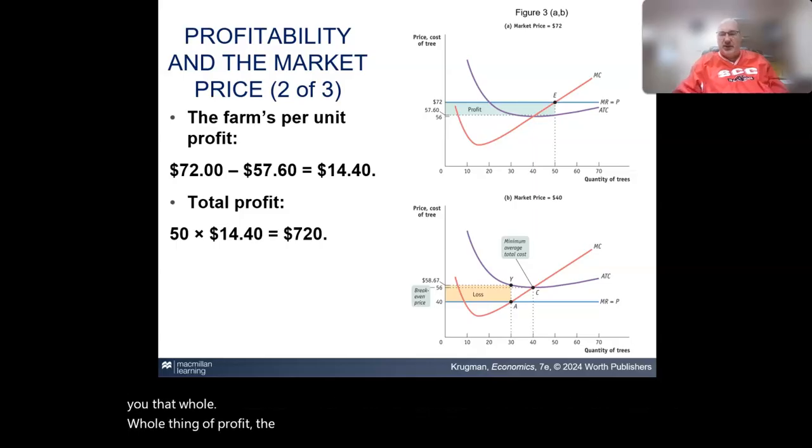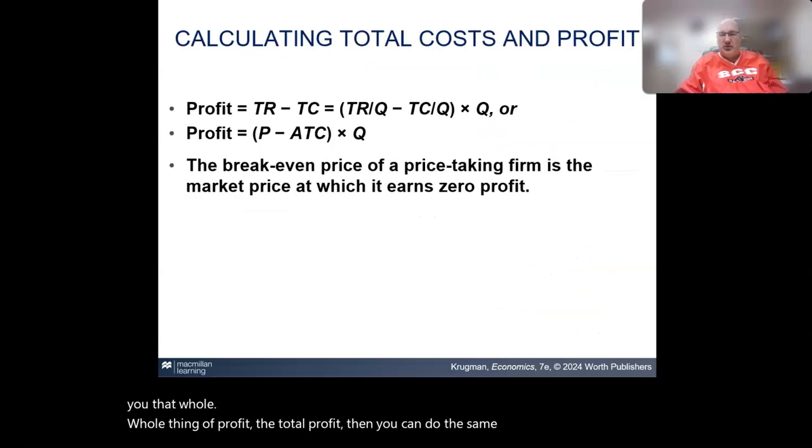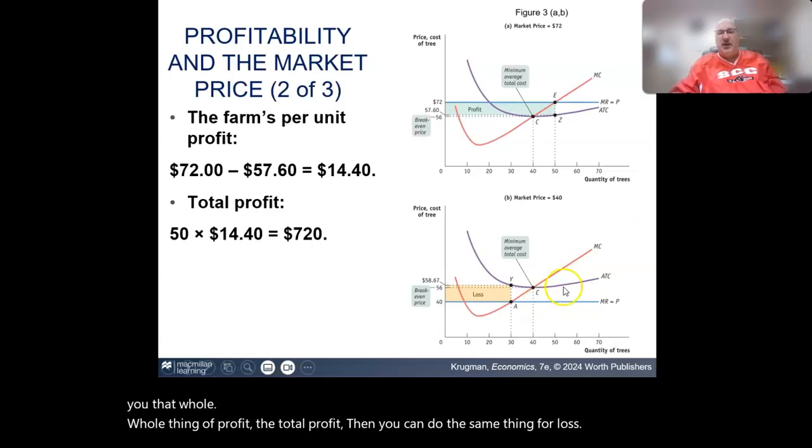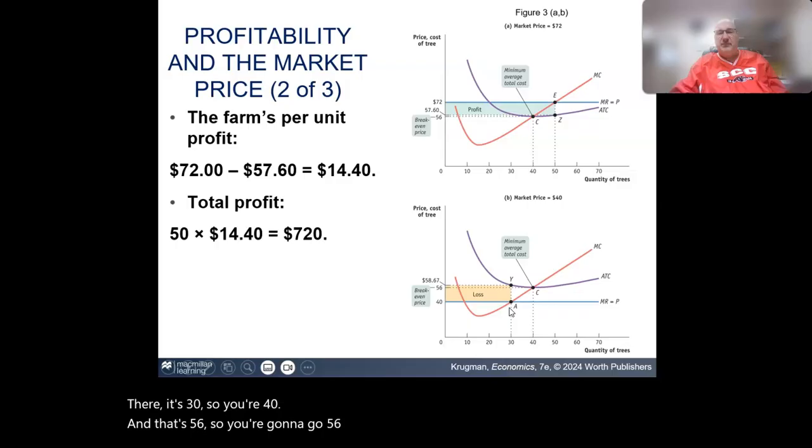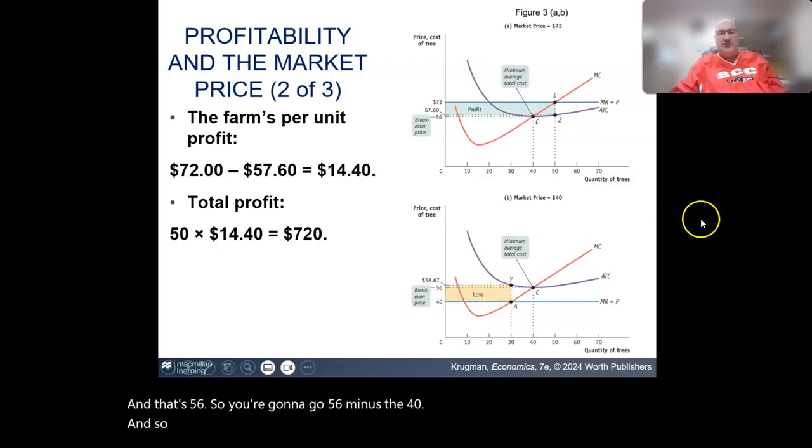Then you can do the same thing for loss. Down here, you've got 30 units. So you're at 40, and that's 56. So you go 56 minus the 40, and then times the 30 units.